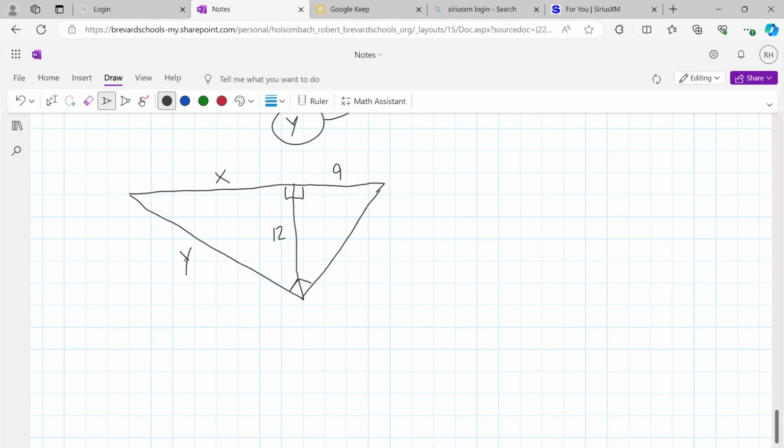Y is right here. And z. All right, so right now we can't find the overall length of this hypotenuse, because we're missing the x. All right, so we're going to set up the formula. We're going to say that 12 is equal to the square root of 9 times x.